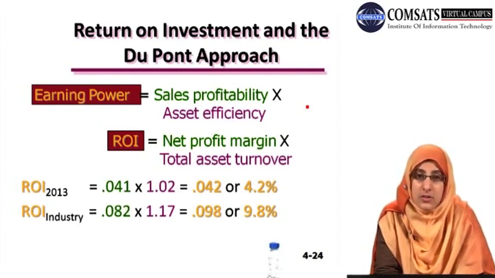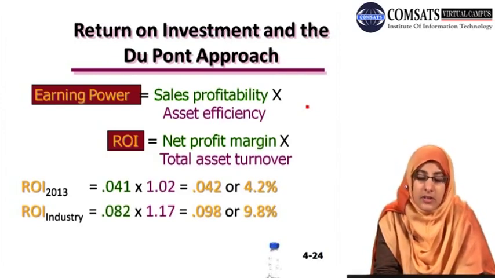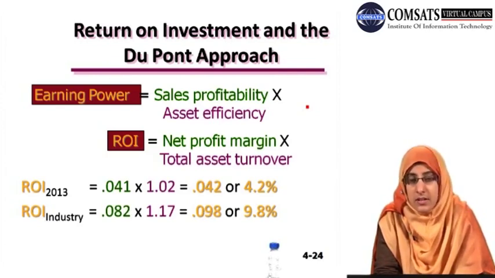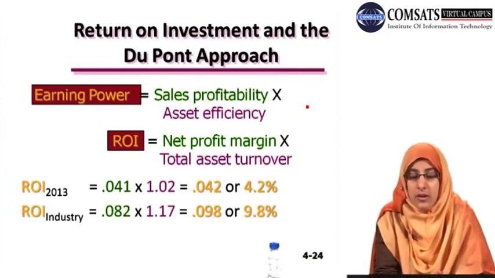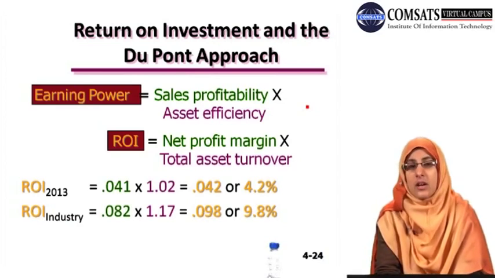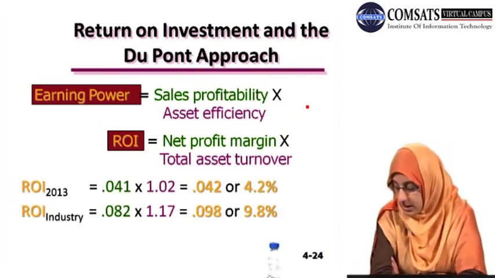DuPont analysis was used by DuPont Corporation around the 1920s, where they found a different way of finding the return on investment and equity. The assumption was that they consider assets at their gross book value rather than net book value. That means over the years it finds your book value, and it does not consider the depreciation.